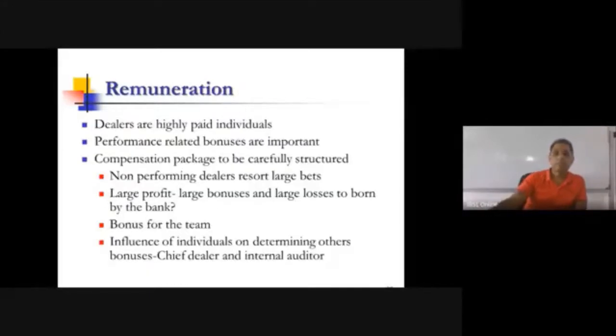So remuneration has to be linked to basically the risk the bank and the dealers are taking, the profitability to the bank, and in terms of skill set, what kind of skill set we are looking for in people. Remember, this is a high pressure job.